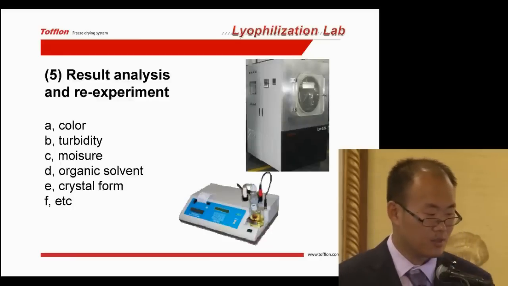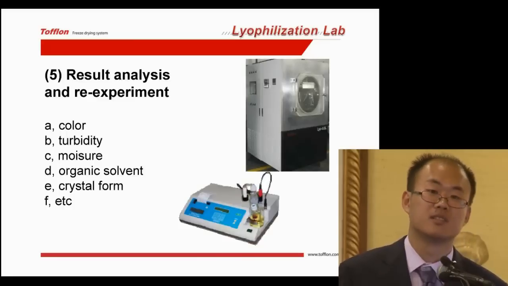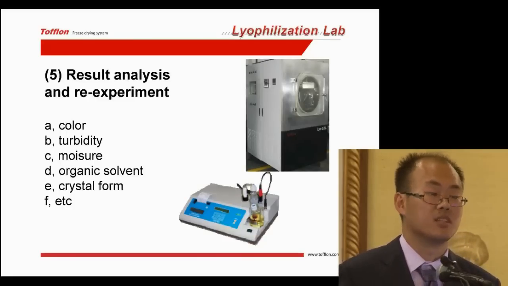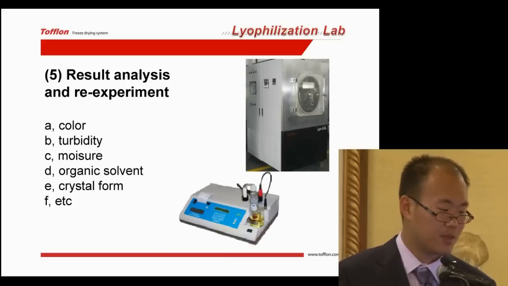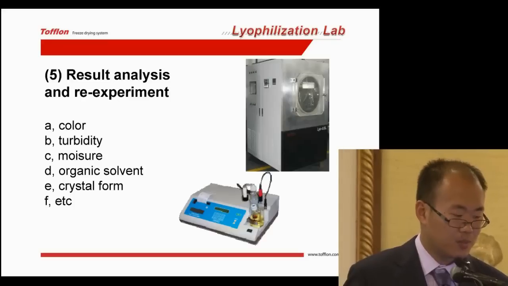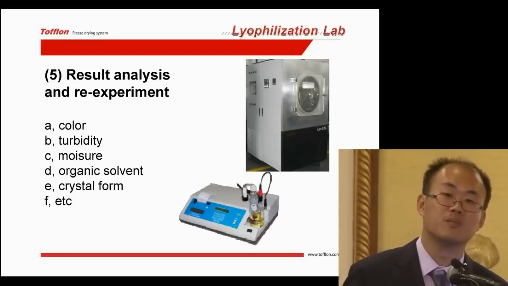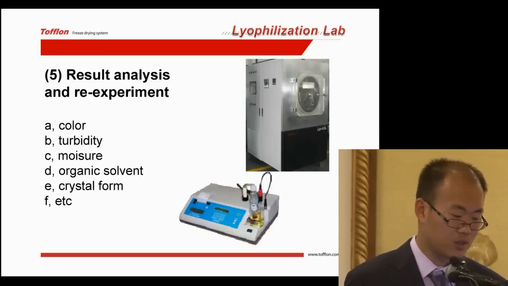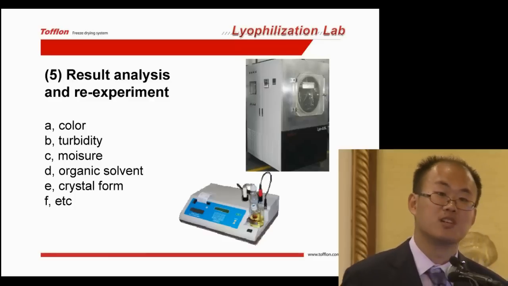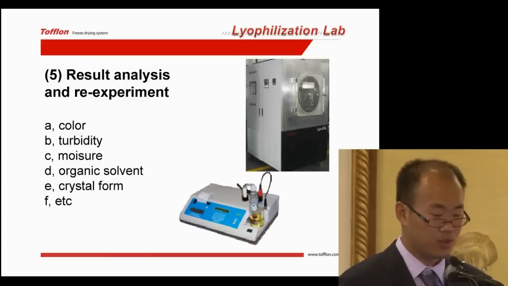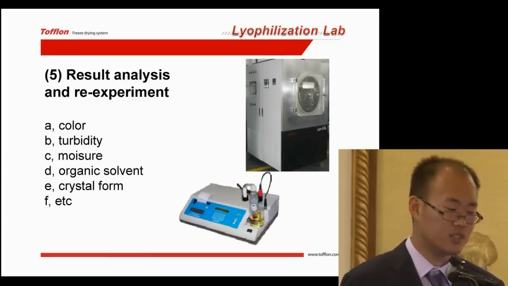Now the fifth one, result analysis. After performing the experiment, we must examine the product by these five parts: color, turbidity, moisture, organic solvent, and crystal form. Usually different clients need different requirements. For the color, usually when they perform a freeze drying process, they didn't get the good color, so through the freeze drying process, we can give the color that they need.